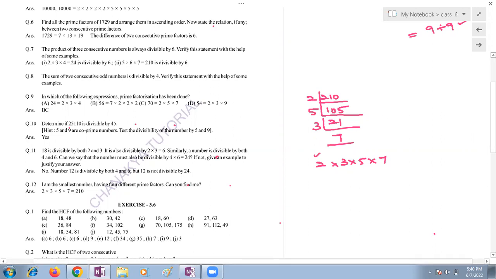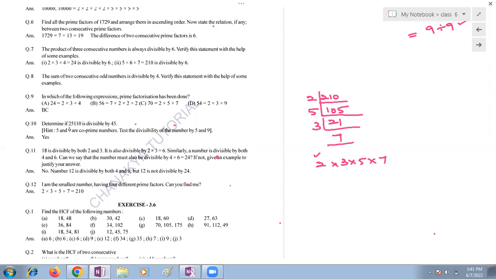I am the smallest number having 4 different prime factors. 210 is the smallest number which we can express with 4 different prime factors. No other number.